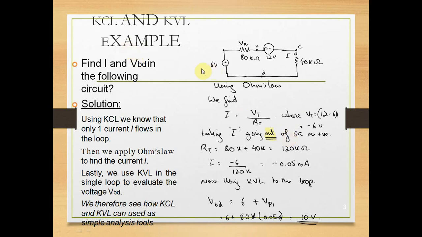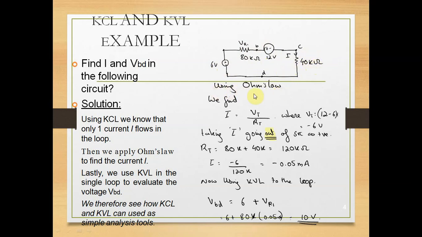In this example, we have to find the total current and the voltage drop across nodes B and D. From this figure, a 6 volt source is provided, with an 80 kilo ohm resistance in series with a 12 volt voltage source, and the current I flows through the circuit with a load resistance of 40 kilo ohm.